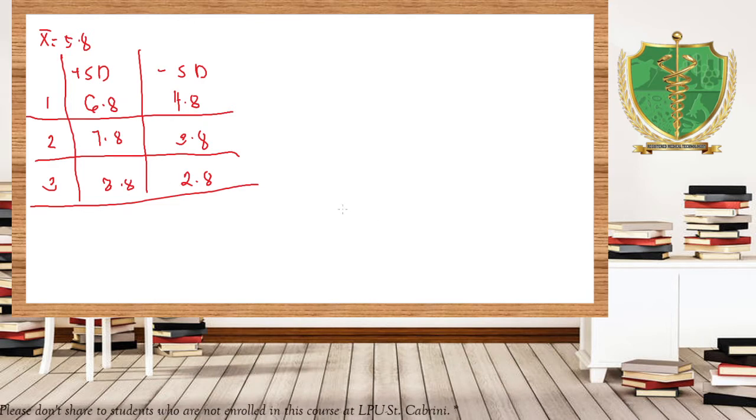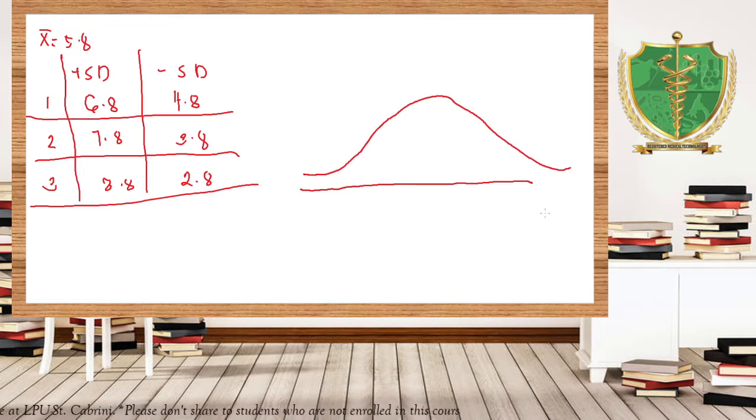So our normal distribution curve is usually a bell curve, and the middle of it is the mean.